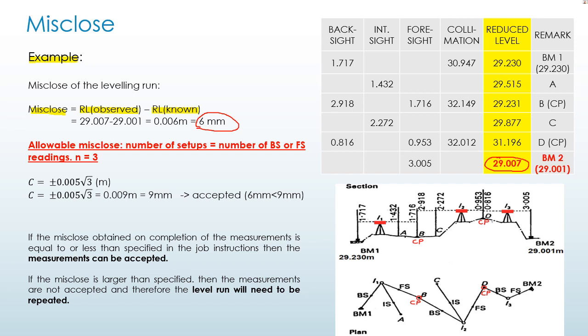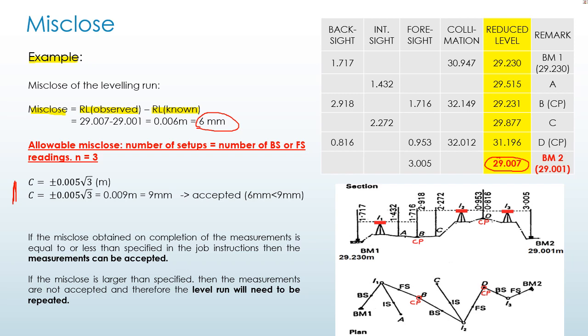So it's acceptable if this misclose is smaller than the allowable error or allowable misclose. That's why, using the formula to calculate the allowable misclose, we can use the number of setups to calculate the maximum misclose. We have 3 setups.